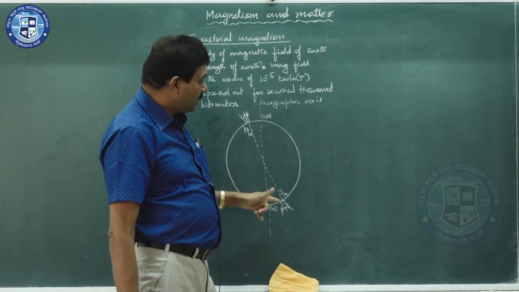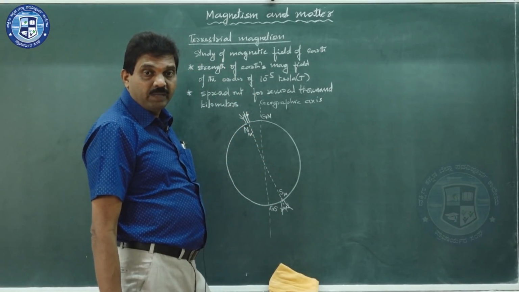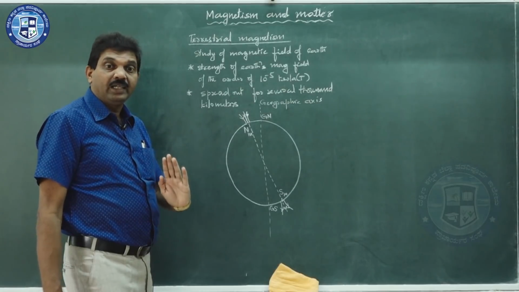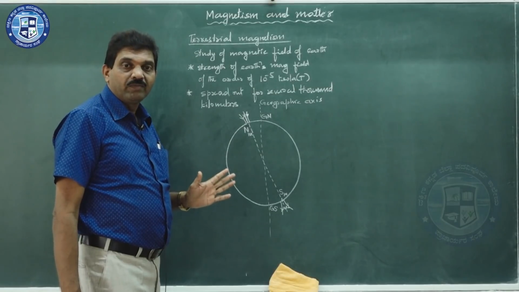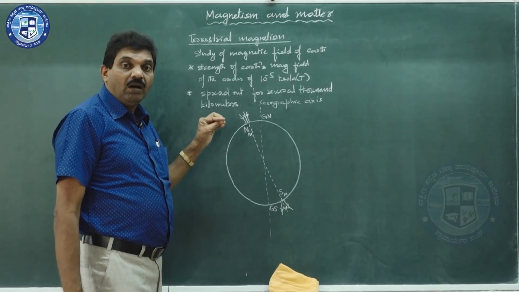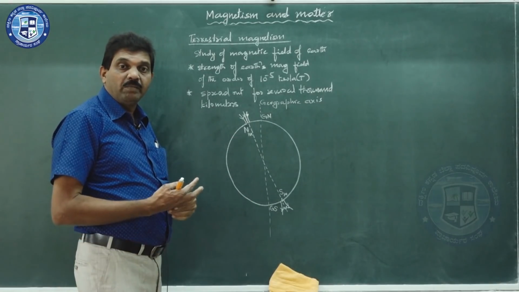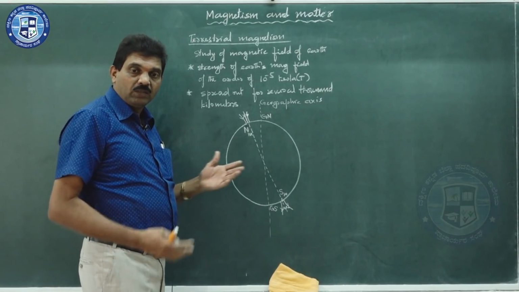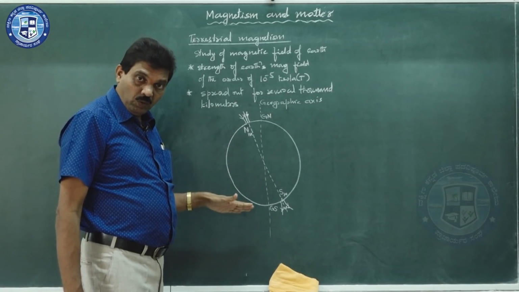This type of behavior is seen because the suspended magnet always comes to rest by itself along the geographic north south. The pole of the suspended magnet towards geographic north is called north pole. Pole of the suspended magnet towards geographic south is called south pole.